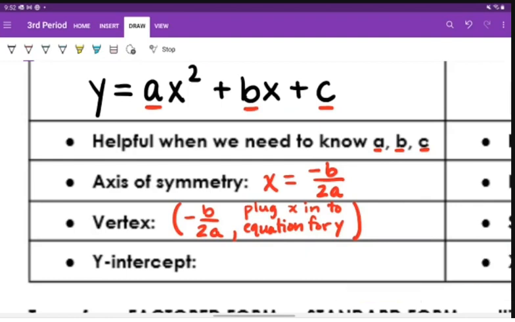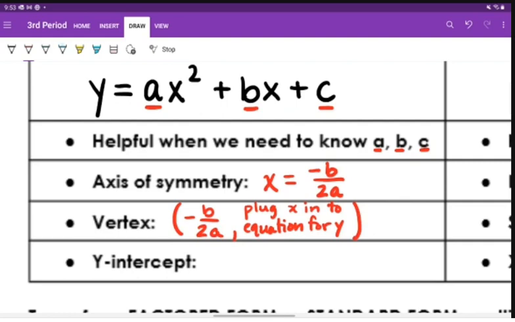All right, so the last thing that the standard form will help us find is the y-intercept. And this is another one. I don't necessarily expect you to remember this because we haven't talked about it in 2 or 3 weeks. But when we want to find the y-intercept of a quadratic, you have to plug 0 in for x.